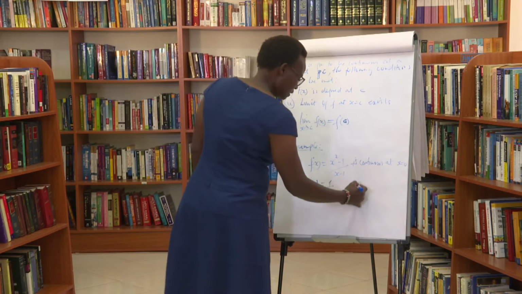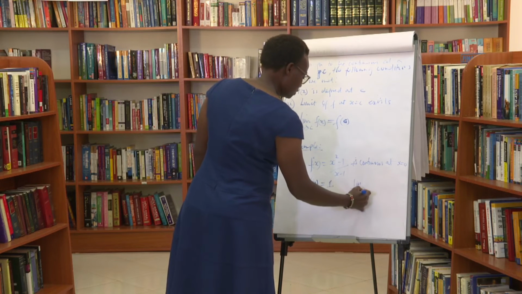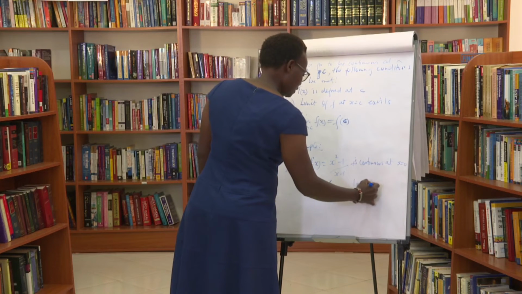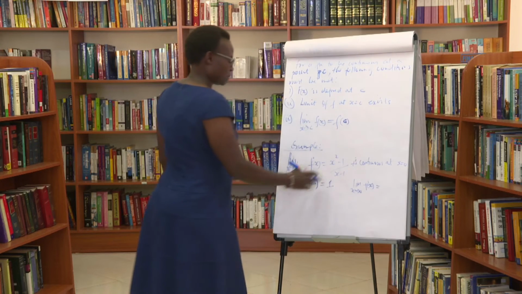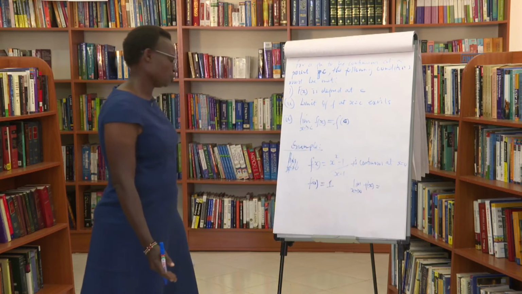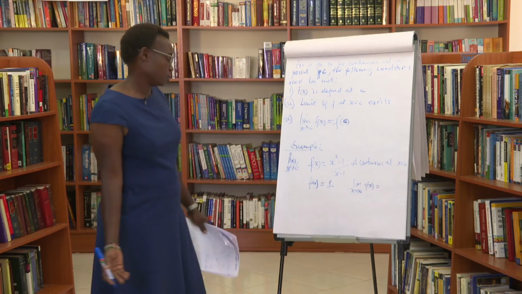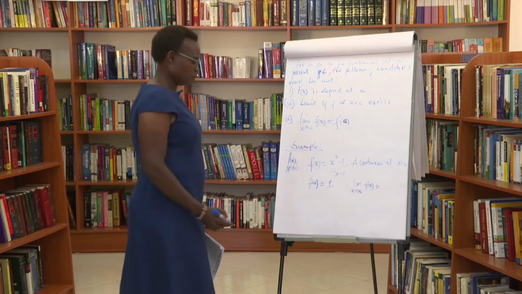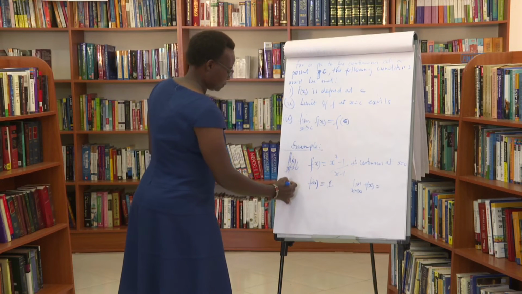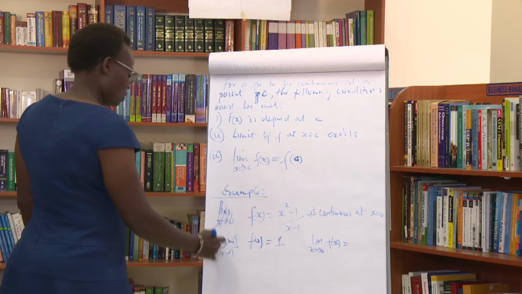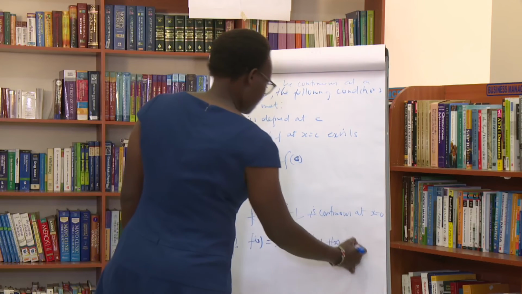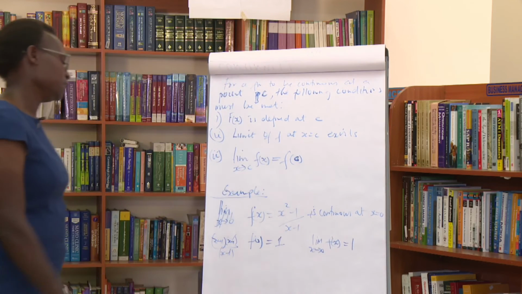So the limit as x tends towards 0 of f of x, whichever way you look at it, you can choose to use factors, or you can choose to go direct. If you use factors, you'll have x plus 1 into x minus 1 over x minus 1. And then you'll have 0 plus 1, which will give you 1. If you go direct, that will still give you 1.